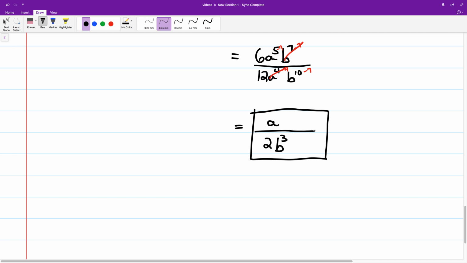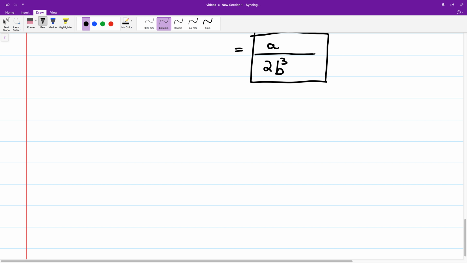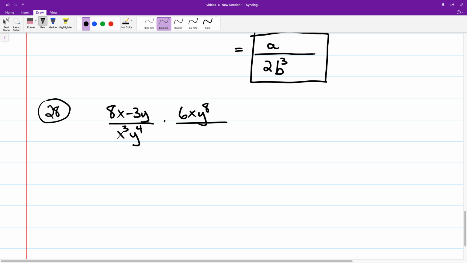Now, regarding number 28, for this one we have 8x minus 3y over x to the 3rd, y to the 4th, times 6x y to the 8th, over 24x minus 9y.